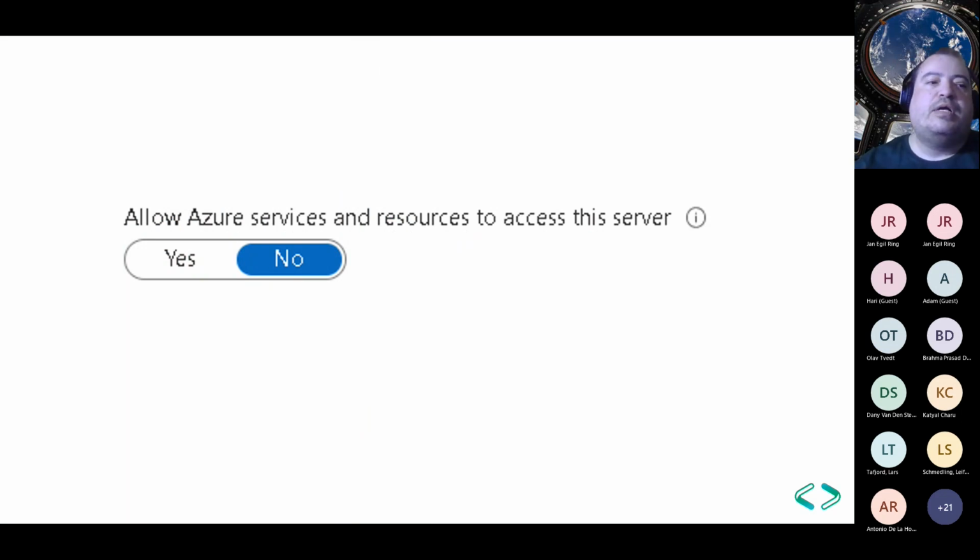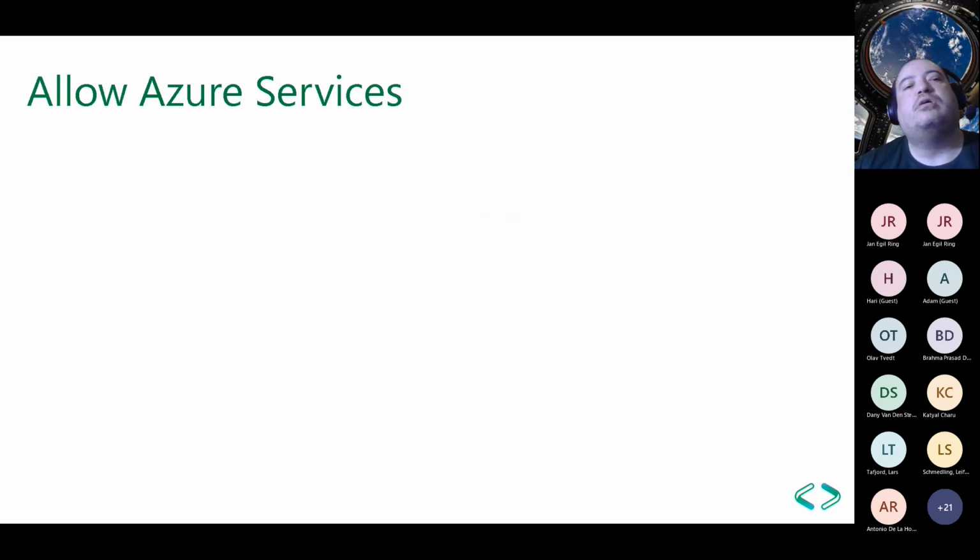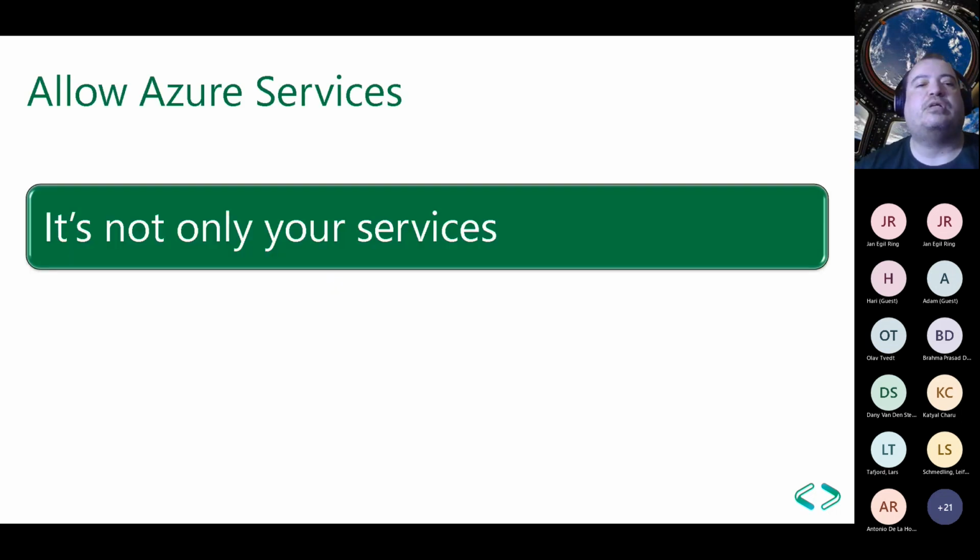Sometimes when we are making experiments, when we are making tests, I confess, even myself, I get a bit, let's say, lazy and just enable this option to make things easier. But in production, we should not do that. Why should we not enable the option allow Azure services?